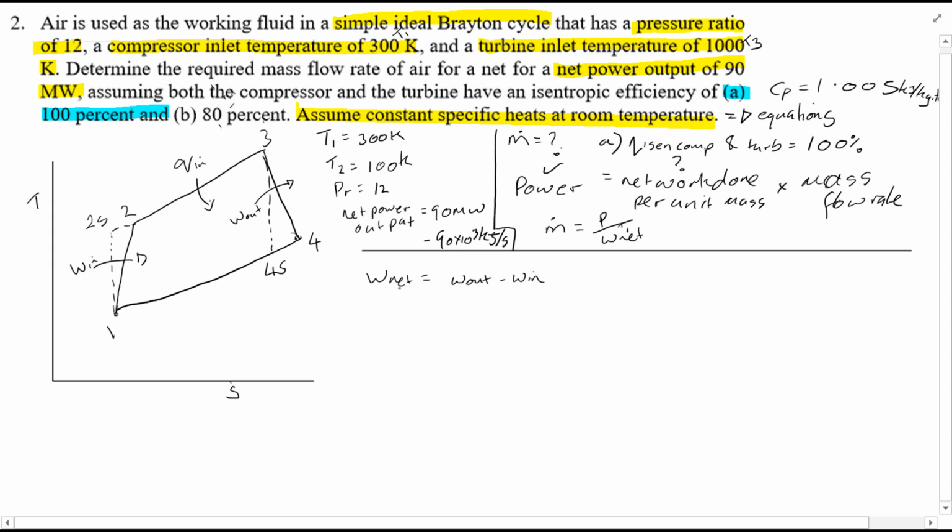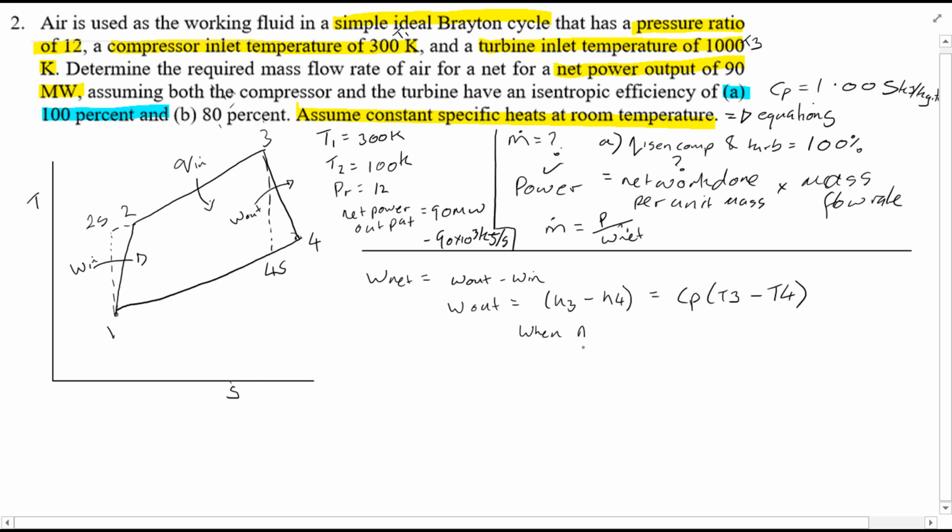We know that W net is equal to the work out minus the work in. Of course, the work out is equal to H3 minus H4, which, since we're using the equations to solve this, we can change to Cp(T3 minus T4).